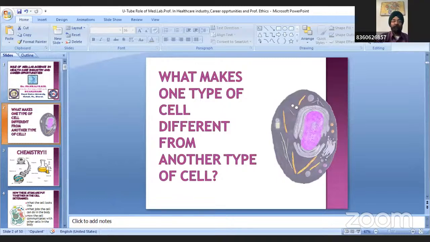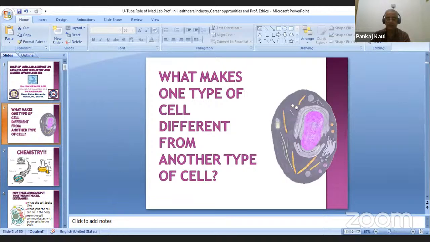I also belong to a very big association, the Indian Confederation of Medical Lab Science. I am the general secretary of that association, and this is the logo of my institute where I am serving. But this is not my right introduction.